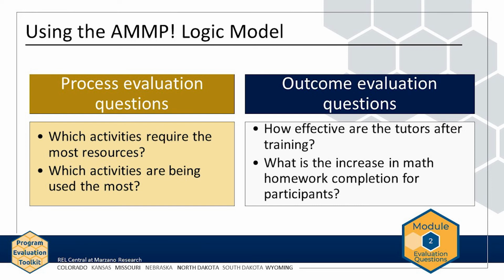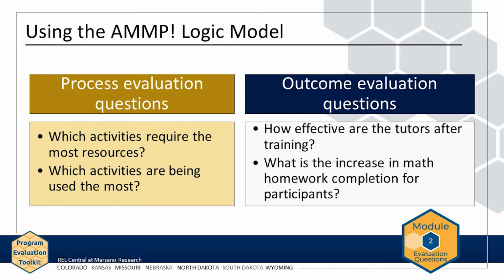For example, which activities require the most resources? Another question could involve looking at the extent to which each activity is being used. Together, such process evaluation questions can help inform decisions about which activities should be kept, changed, or discontinued.